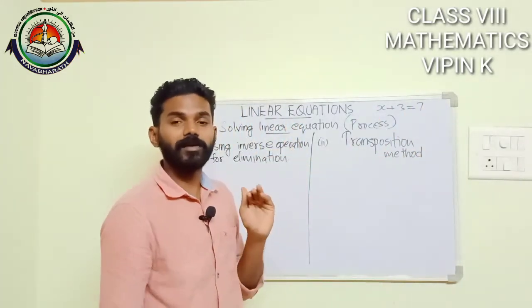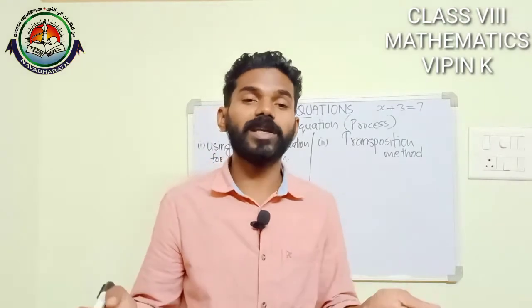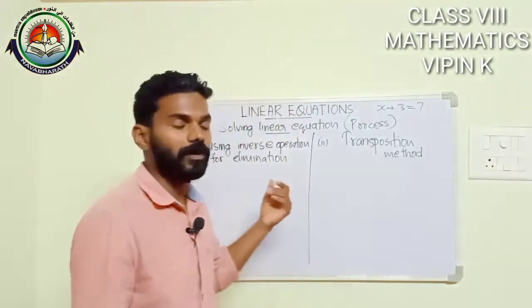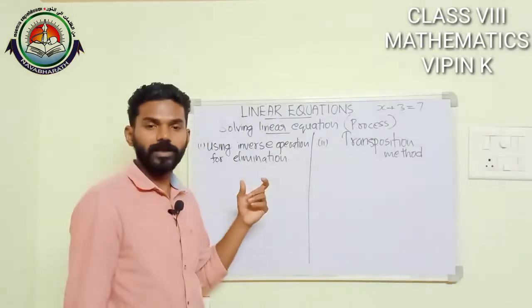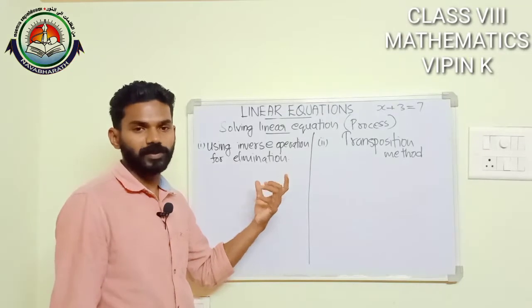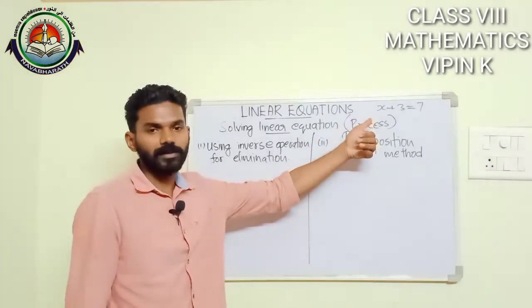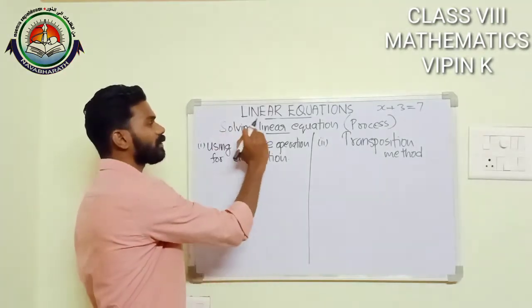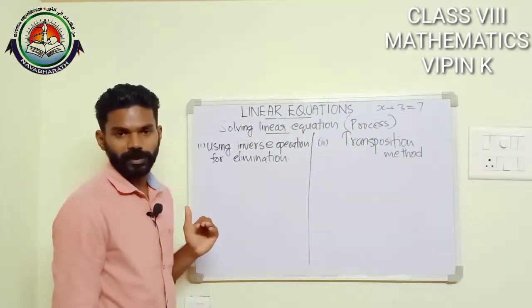When our linear equation is complicated, then we need to follow some steps, some rules, to find the solution of that linear equation. And that process is called solving a linear equation.